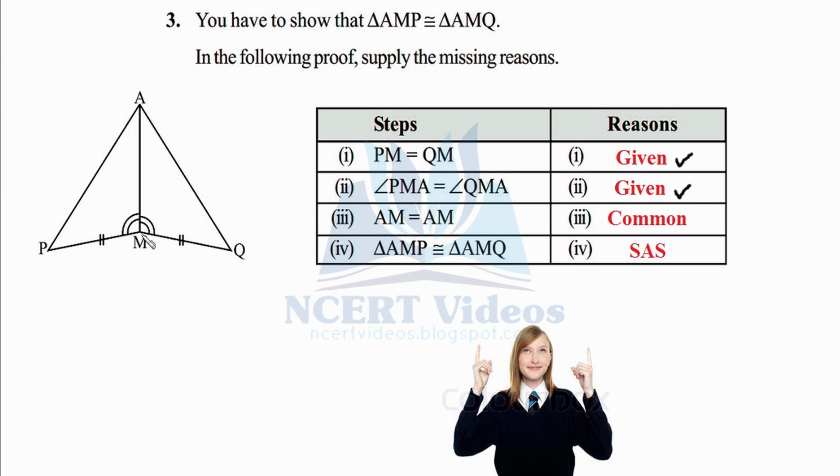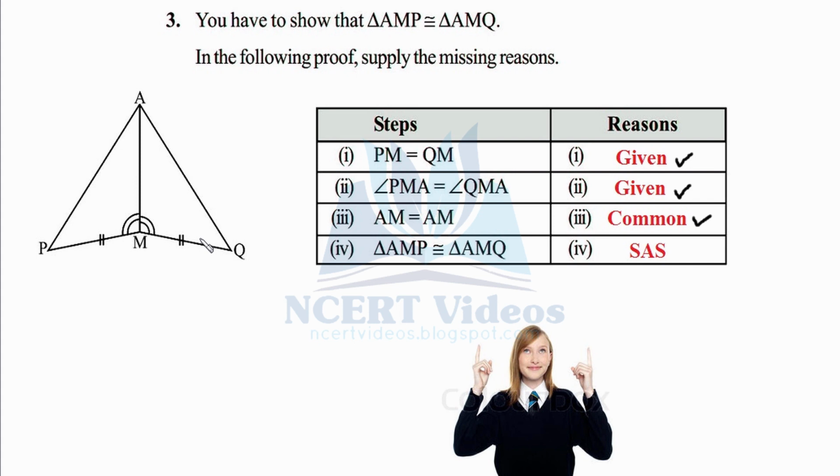Now AM equals AM. Well, it is not given to us, it is common. This means that side AM, or line segment AM, is common to both triangles AMP and AMQ. Therefore, we write common side. And last, we can conclude that triangle AMP is congruent to triangle AMQ by the side angle side criterion.